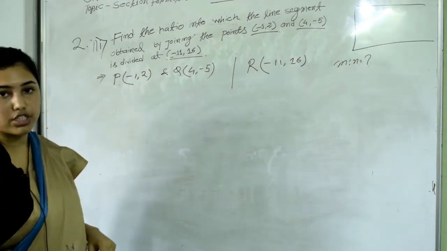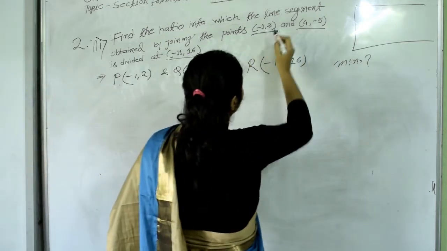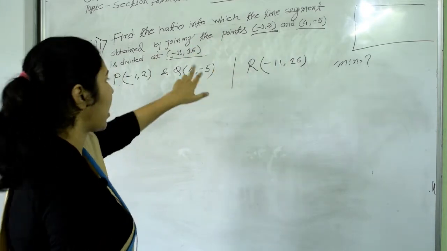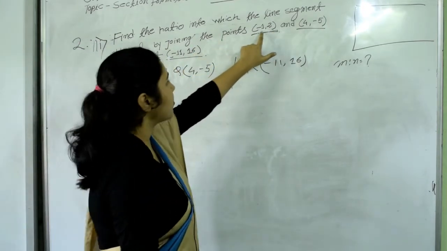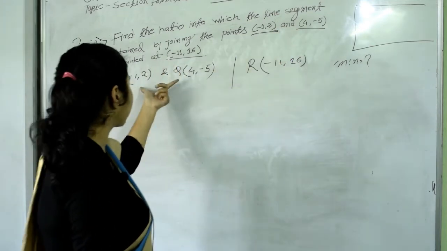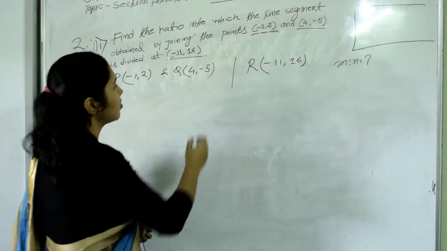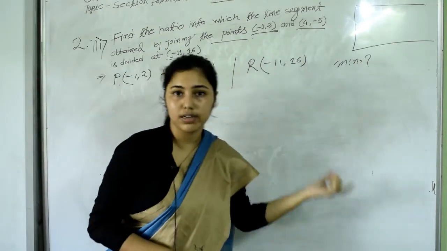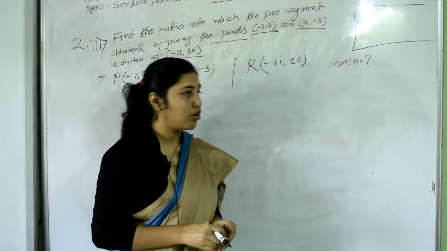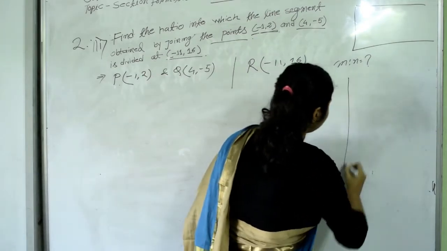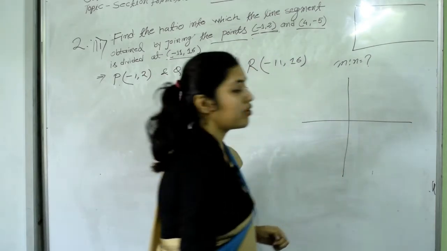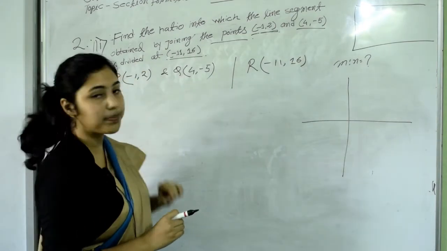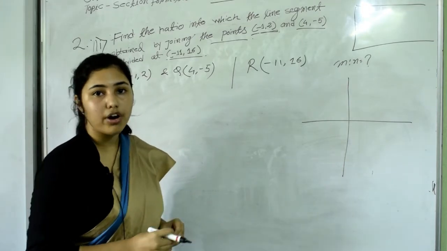But look at this question. Here this point R divides the line segment obtained by these two points, P and Q. But there is nothing saying whether this point divides externally or internally. So we have to find whether this point R divides this line segment PQ externally or internally.